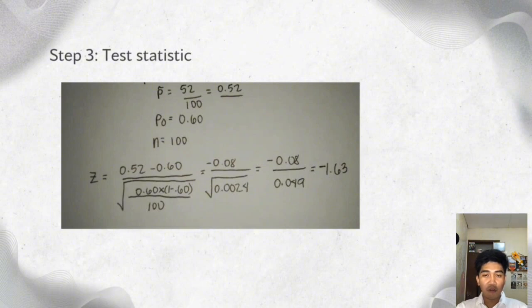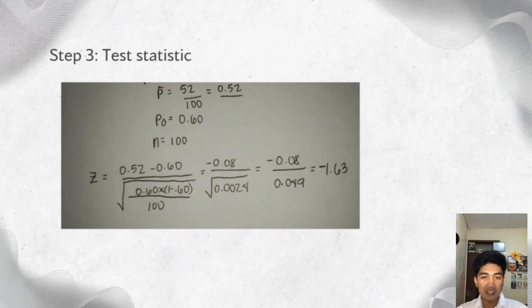To compute, i-distribute ra nimo siya sa iyang places diri sa formula, which is Z is equal to 0.52 minus 0.60 divided by the square root of 0.60 times 0.40 divided by 100, which is the sample size.